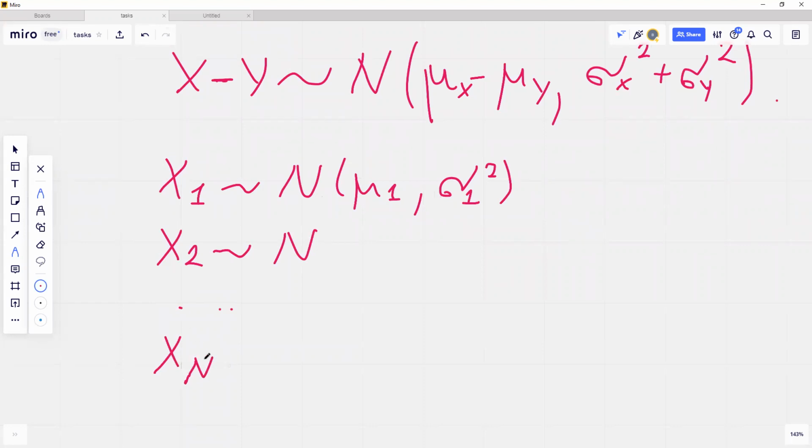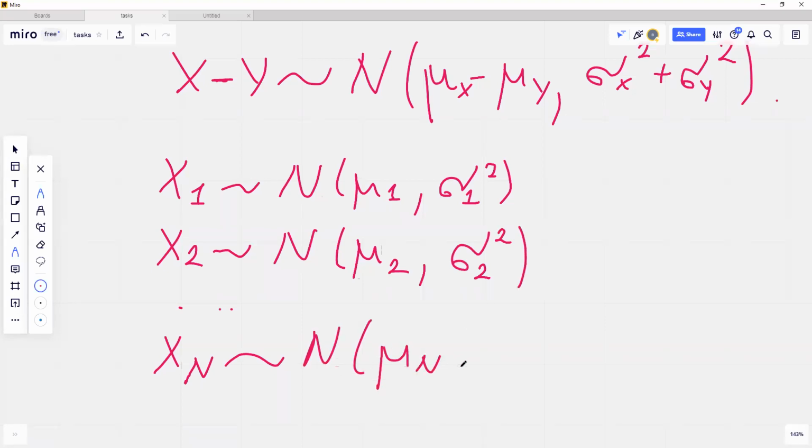Those are not IIDs. These are not independent identically distributed. They each follow their own normal distribution with mean mu i and variance sigma i squared. So this is mu n and sigma n squared.